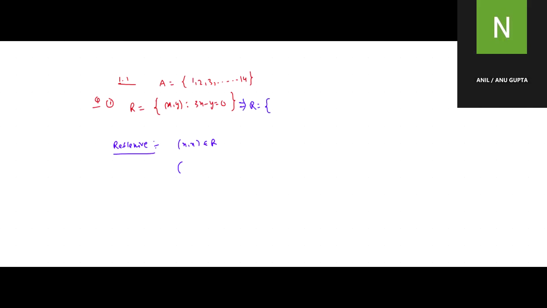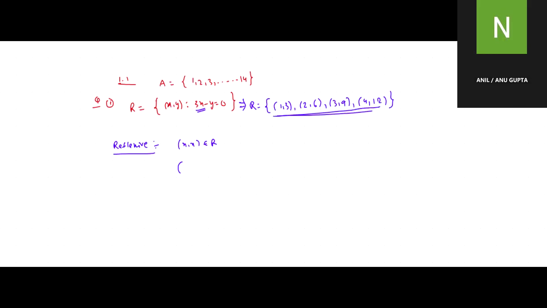Roster form. So it will be 1,3, 2,6, 3,9, 4,12. Now this is your relation in normal form. Is it reflexive?